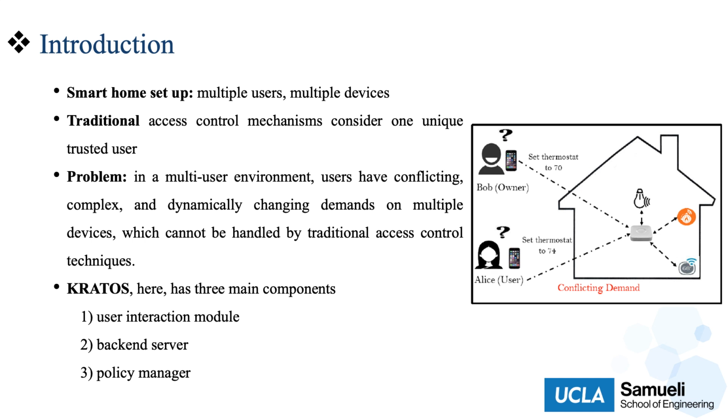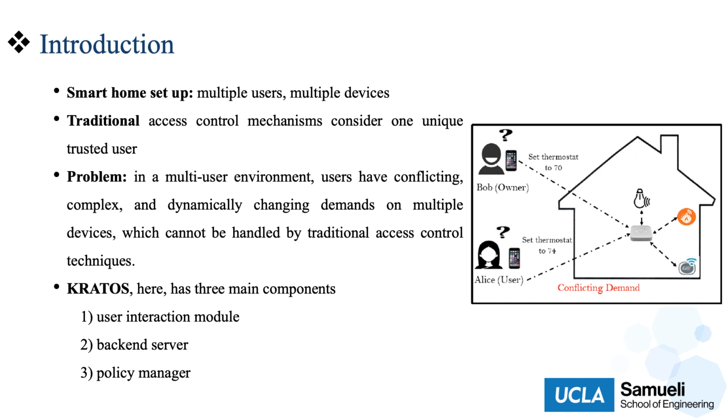Traditional systems have had access control mechanisms which consider one unique trusted user. But the problem is in multi-user environments, users have conflicting demands for the different devices in the room.